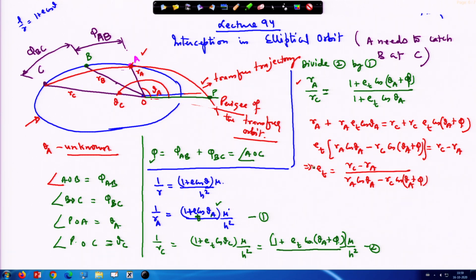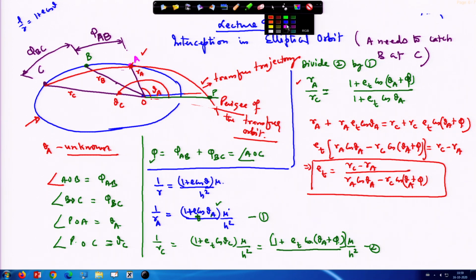So, now look here in this equation, it is important to discuss this.